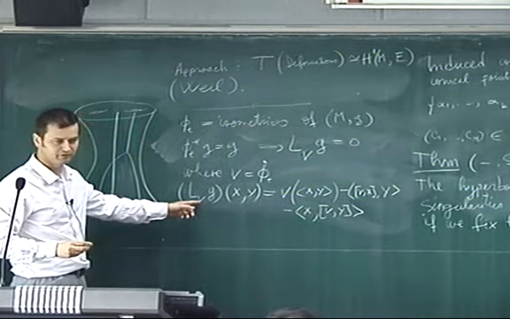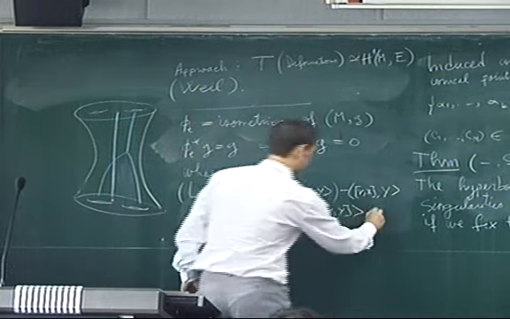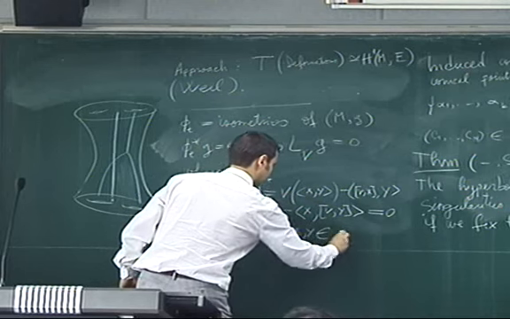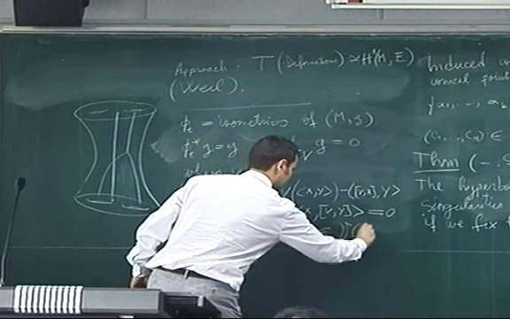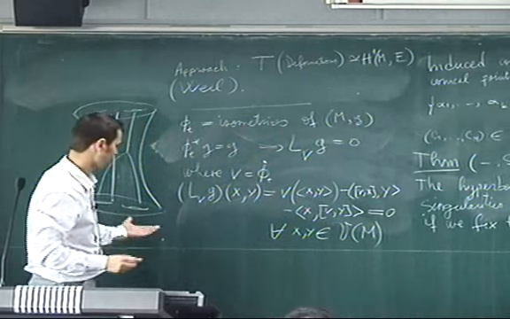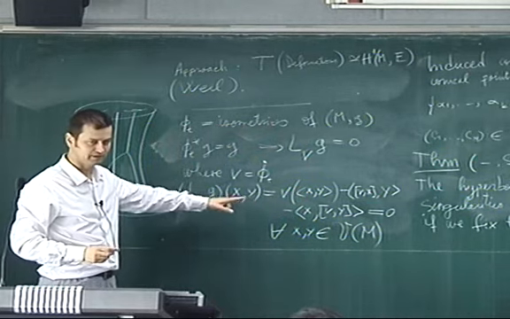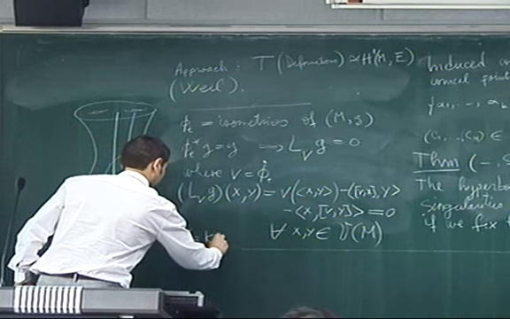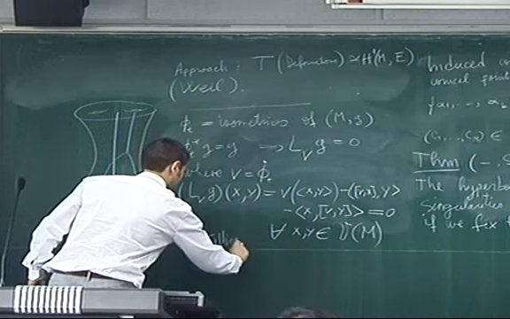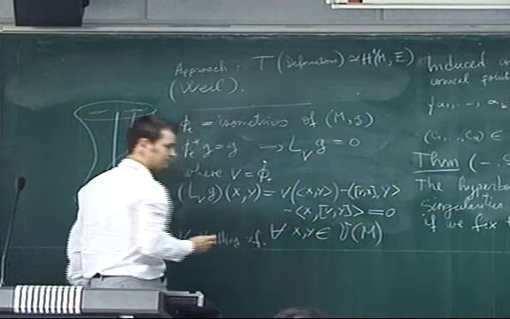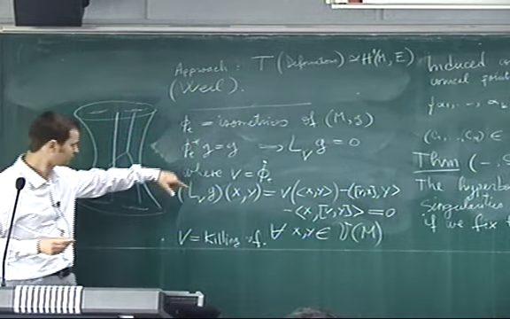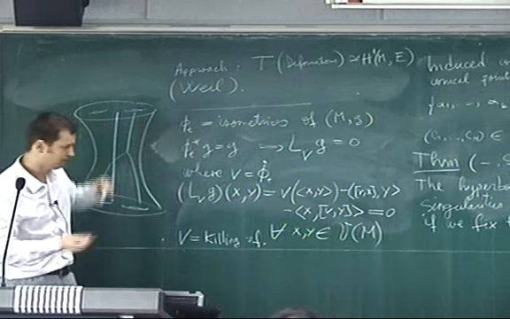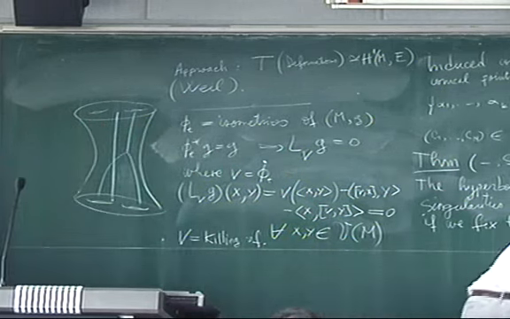Okay, this is for every vector field. So in particular, this must be 0 for every X and Y in the vector fields of M. A vector field V like that is called a Killing vector field. A Killing vector field is a vector field which preserves the metric, or the tangent vector field to a one-parameter family of isometries.